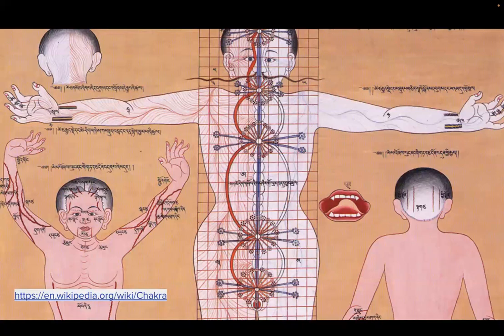So chakras are a couple of thousand years old system of thinking about the human body. There are different systems depending on if you're in Tibet or which side of India you are.